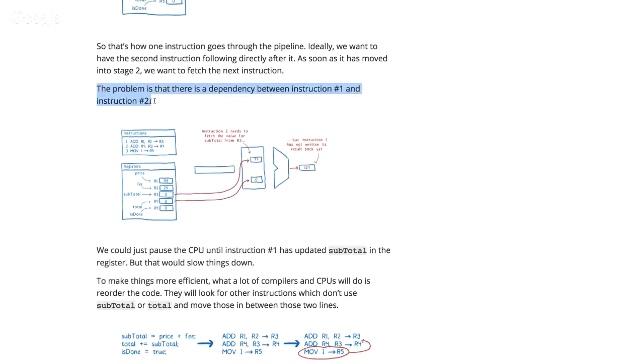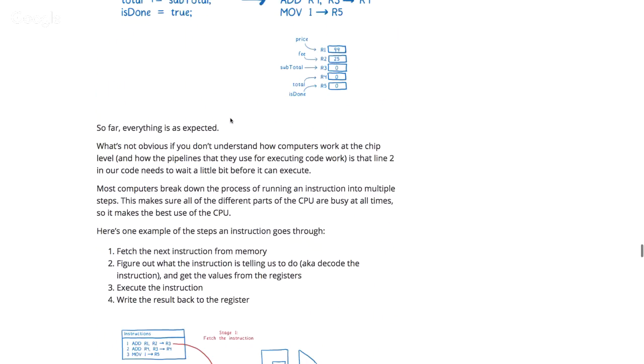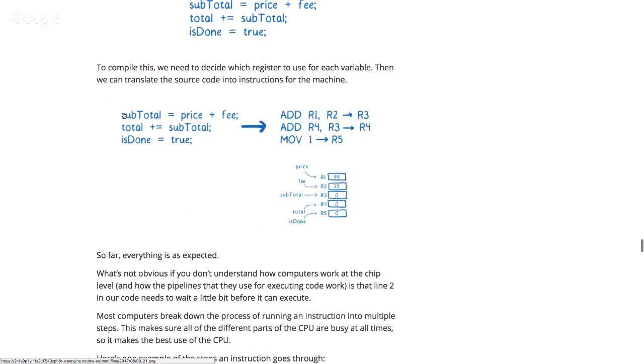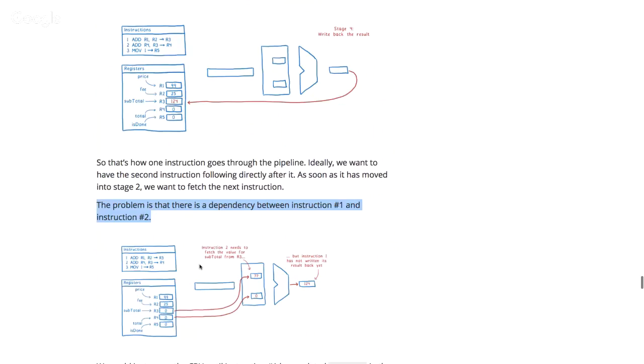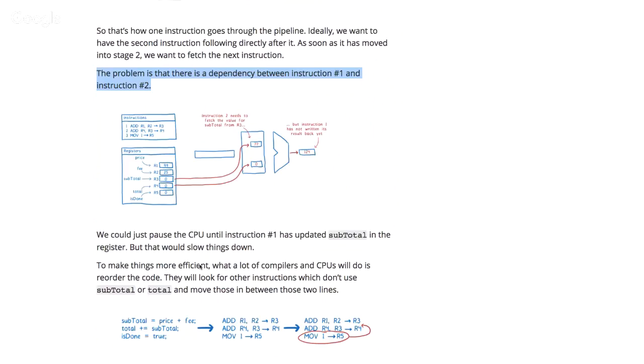Yeah, as we've seen before, there is a dependency between these two. I think the second instruction depends on subtotal. We could just pause the CPU until instruction 1 has updated subtotal in the register, but that would slow things down.